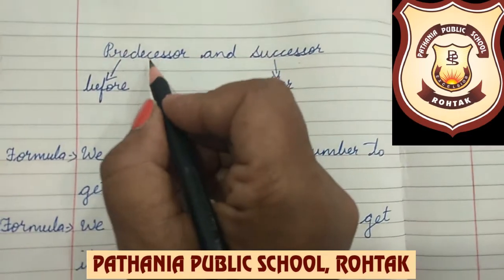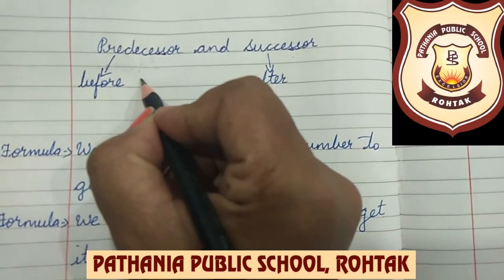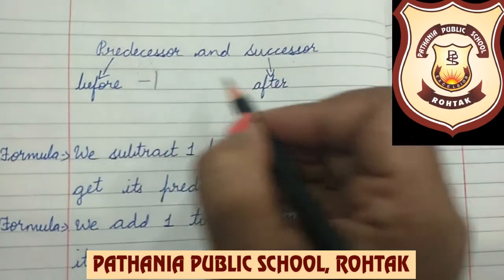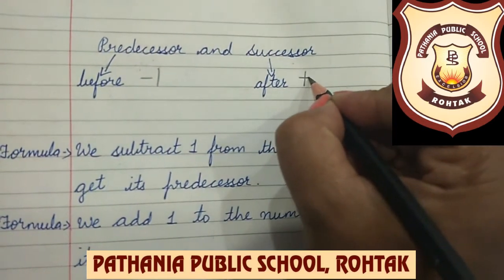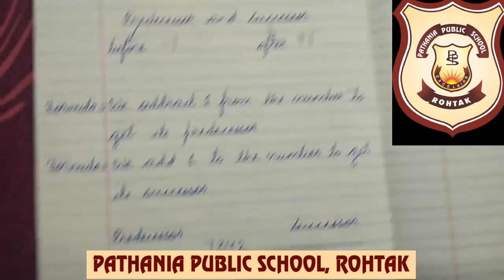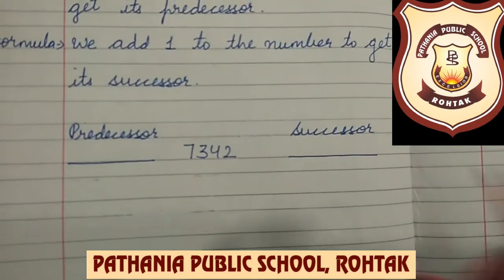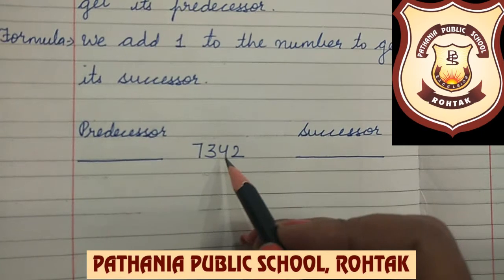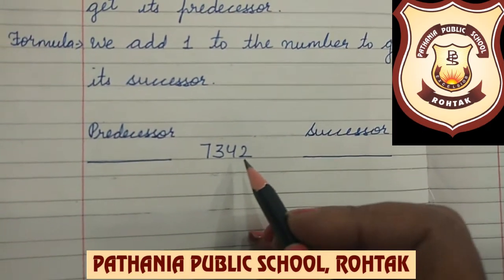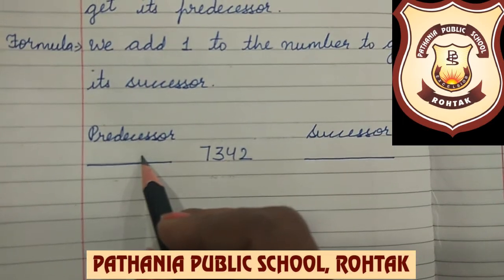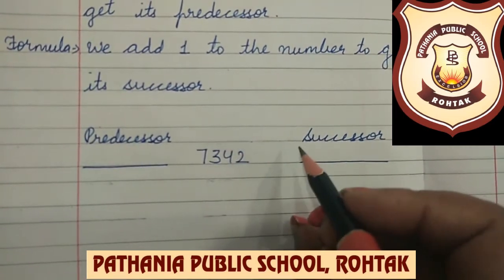So for finding the predecessor, we subtract 1 from the given number, and for finding the successor, we add 1 to the given number. Let's take one example. 7342 is given and we need to find its predecessor and successor.